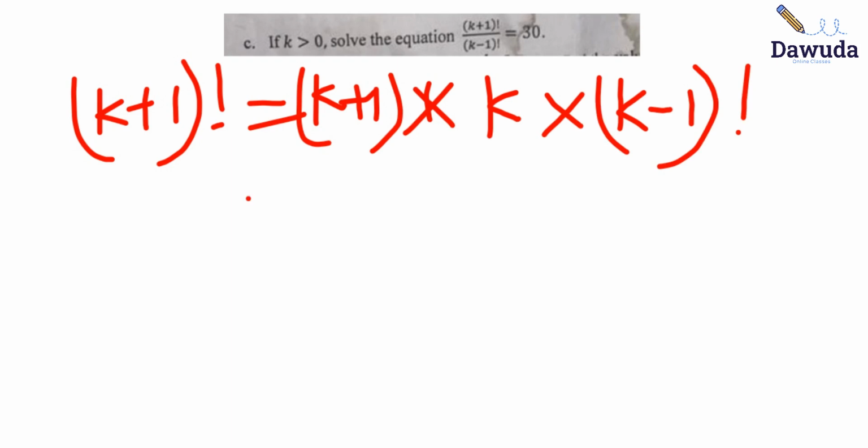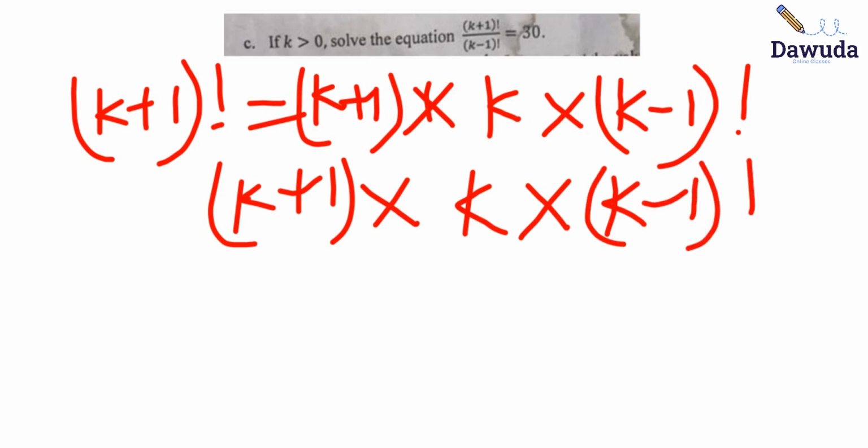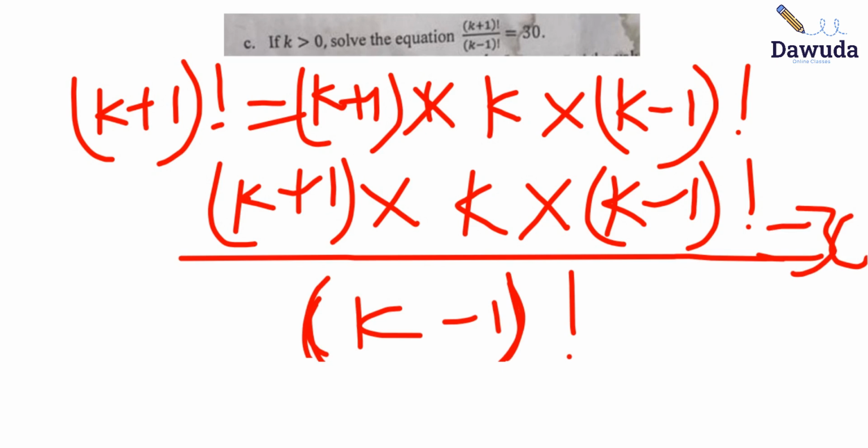By substitution, we have k plus 1 times k times (k minus 1) factorial, divided by (k minus 1) factorial, to be equal to 30, right?